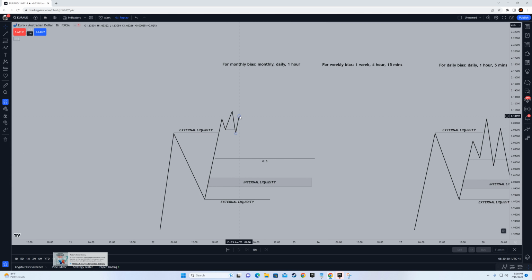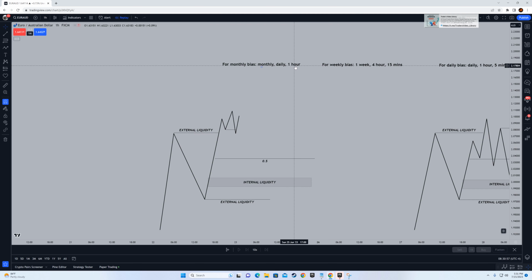So once you have a market structure shift, you can simply take your entry from the fair value gap. You can use ABC strategy. You can use ABCD trading strategy. You can use whatever you want. Once you have a market structure shift, your bias is to the downside. Now your entries and executions must be on the 1 hour time frame, okay, when you're using ABC or ABCD, whatever it is.